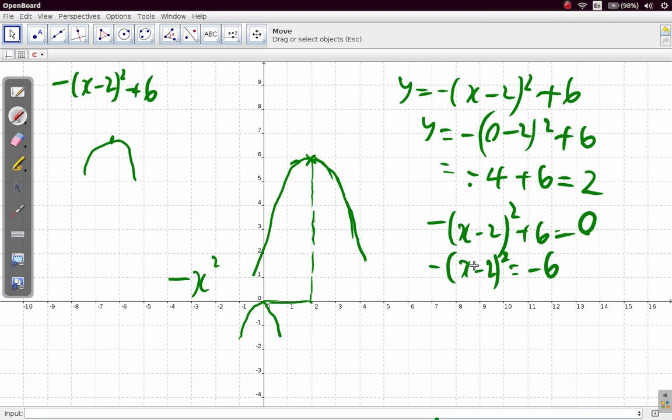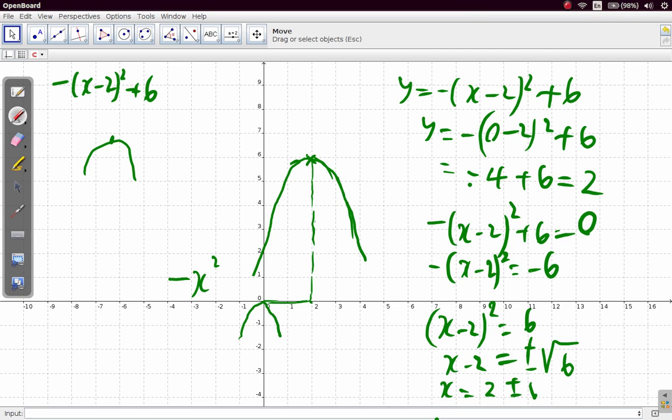Right? Now if we multiply both sides by negative 1, we get x minus 2 squared equals 6. Square root both sides, you have the square root of x minus 2 squared is just x minus 2 equals the square root of 6, but it's plus or minus the square root of 6. So here now, x is equal to 2 plus or minus the square root of 6. When you add 2 to both sides, it's 2 plus or minus the square root of 6.